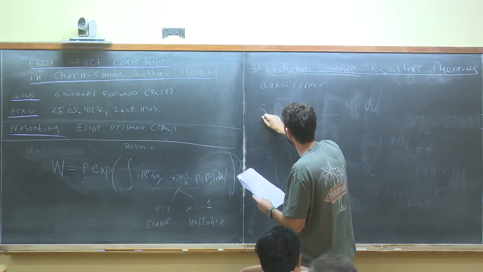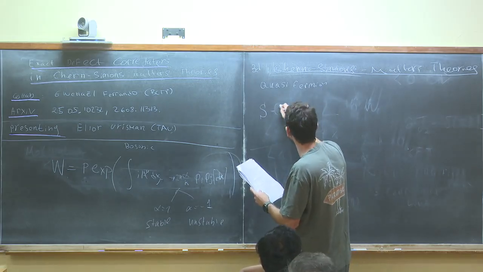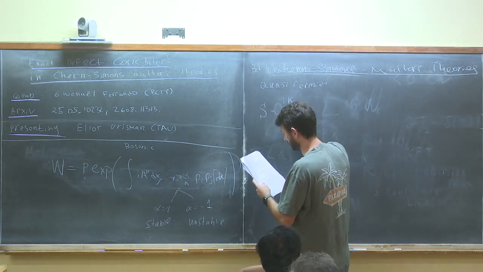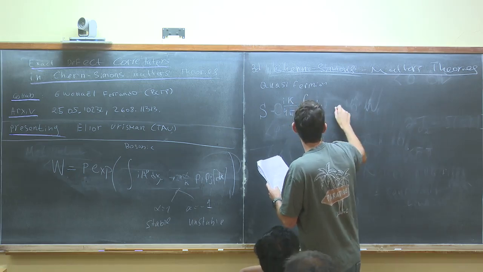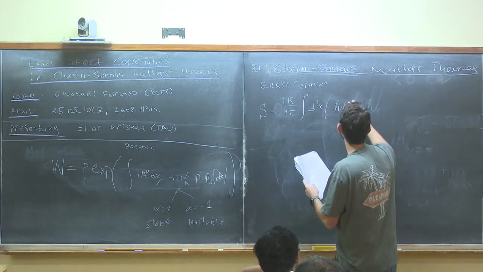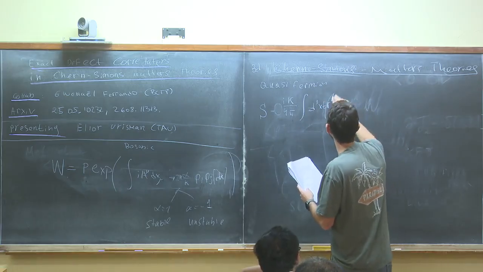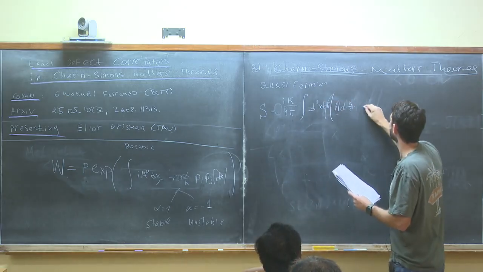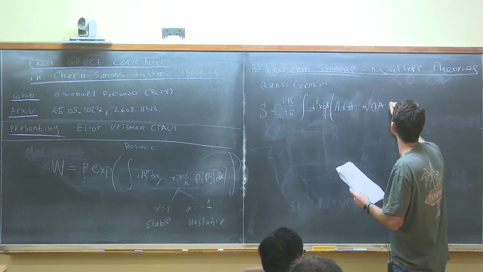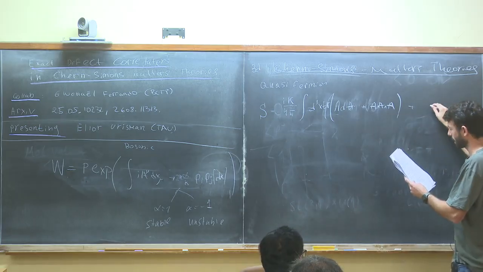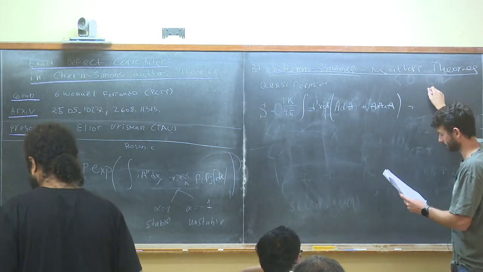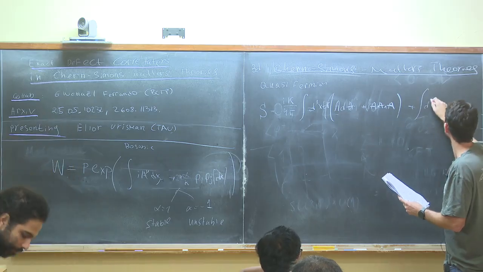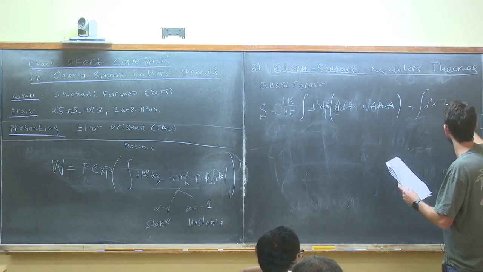A particular realization of it can be done using an action of the form: there we have some A dA with a trace, this free interaction, and you'd couple it to a massless fermion.